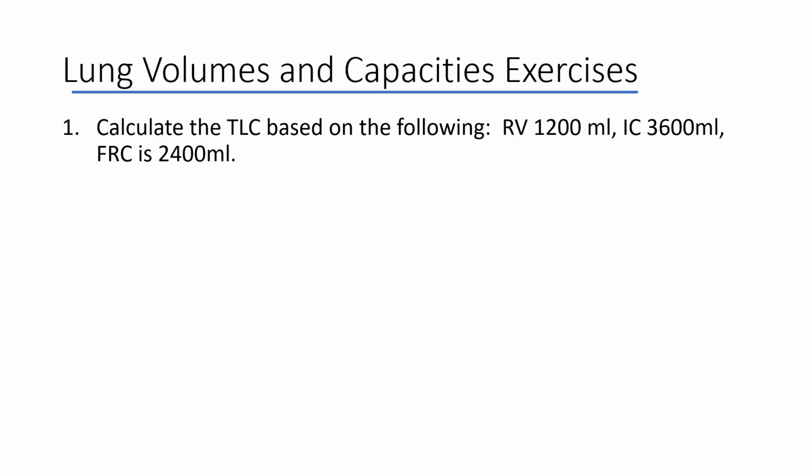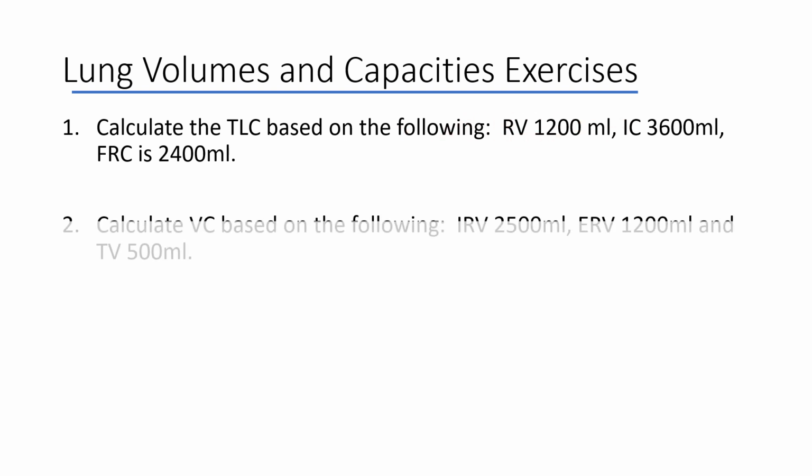Just to wrap up here, I haven't emphasized the numbers in this presentation, but you can actually go and look these up. I think that's fairly straightforward. You can calculate total lung capacity based on these, and basically what you're doing is just a little bit of arithmetic. So just have a go at it.